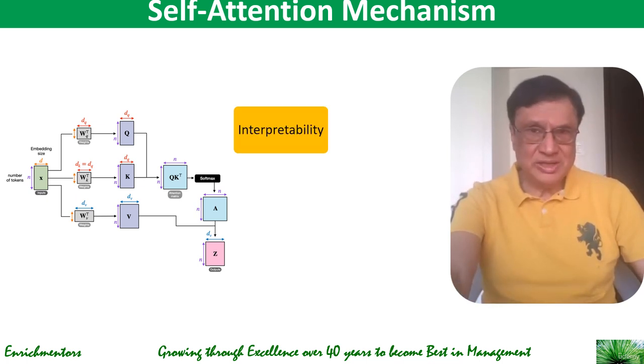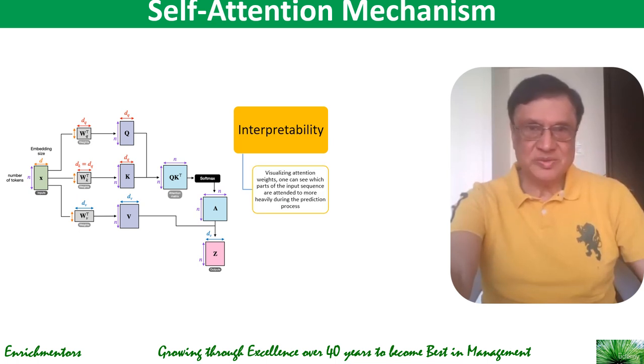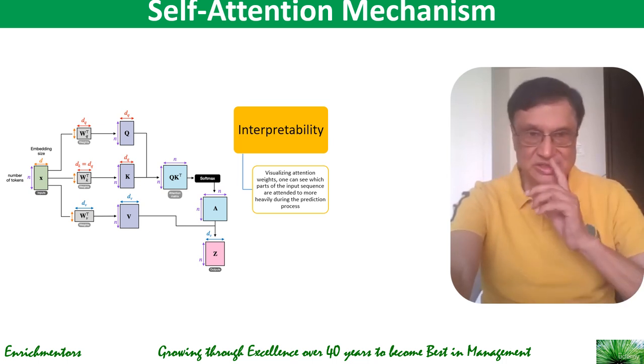So let's look at interpretability. By visualizing the attention weights, one can see which parts of the input sequence are attended to more heavily during the prediction process. And that provides insight into the model's decision making process. Simple? Makes sense.